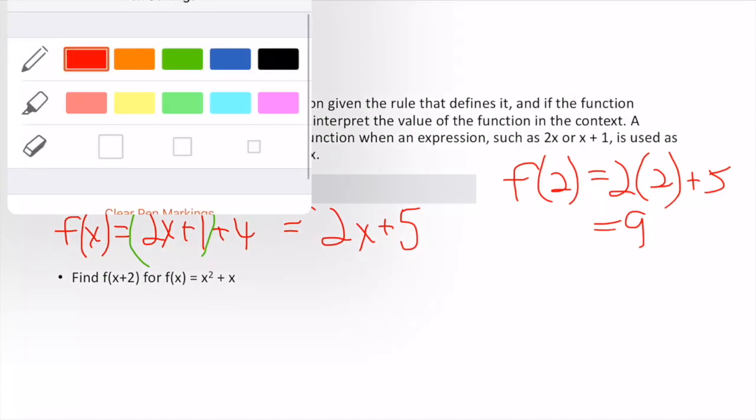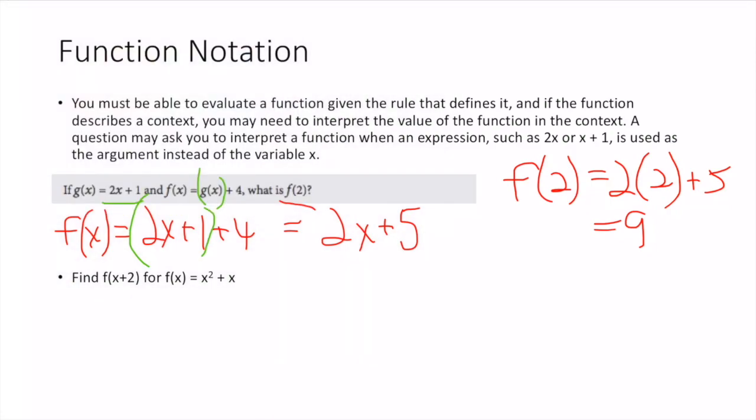Okay, this next example can be a little bit trickier. They give us what our function is, so f at x equals x squared plus x. Now wherever I see an x, I'm going to plug in this whole bracket.